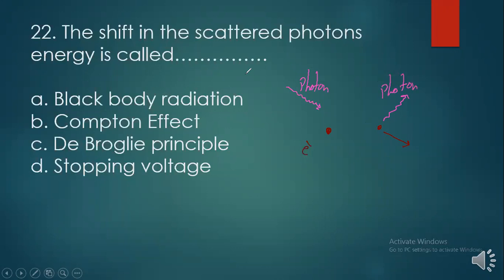Now, we know that part of the energy of the photon, some of it, was given to the electron. So in this case, the energy of the photon has decreased.